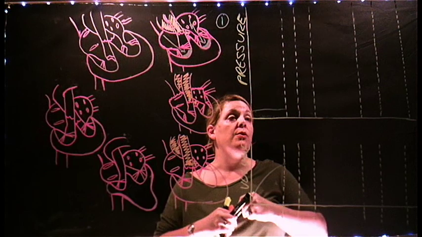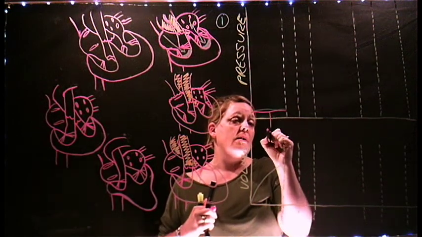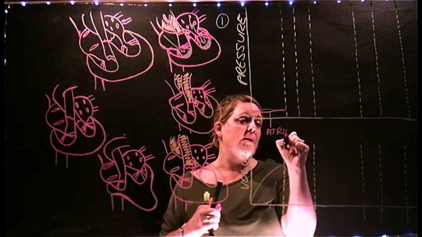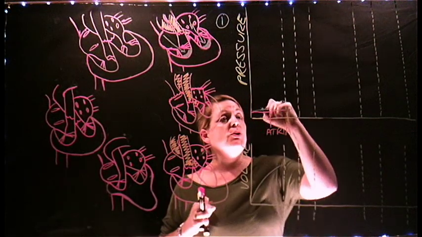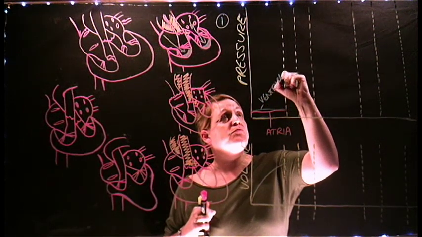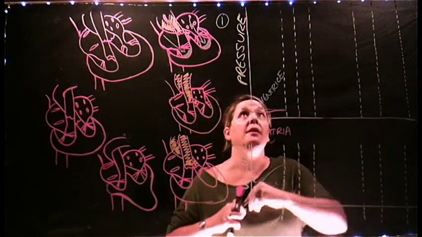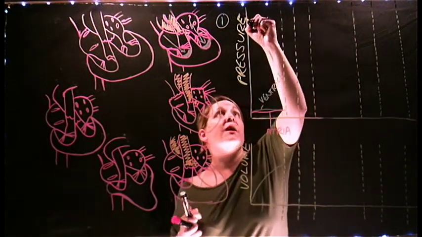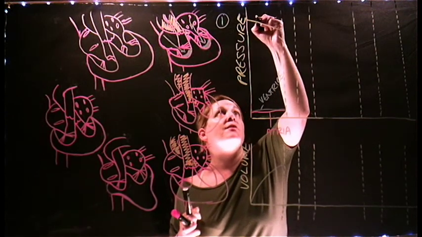And the same would be true for the atria. So in pink we have the atria, in blue the ventricle. The last part that we are interested in is the pressure in the great vessels, and we normally are looking primarily at the aorta.